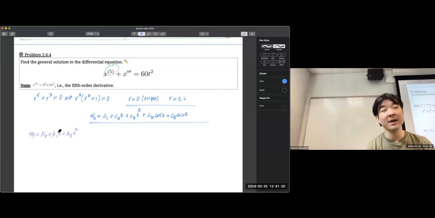So multiplying twice will still conflict with this. So how many times? 3 times, sorry. So you want to multiply by t 3 times.